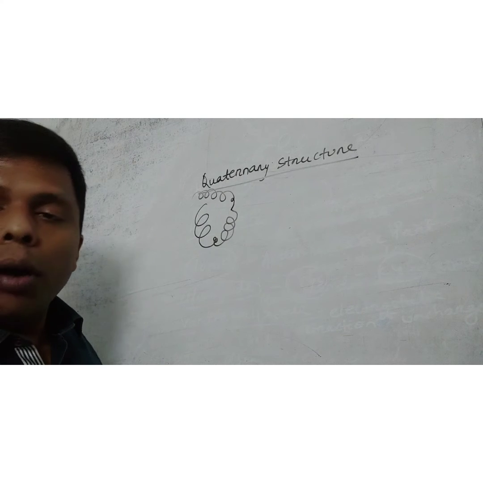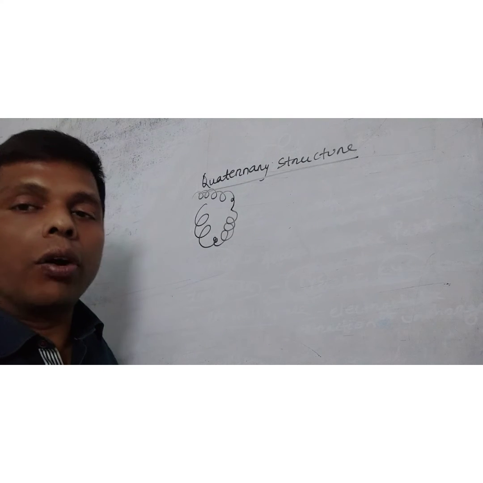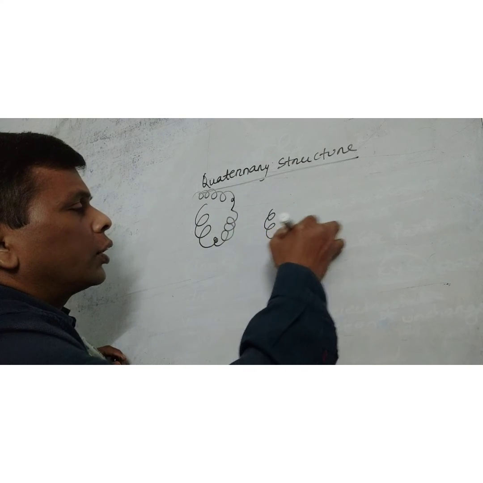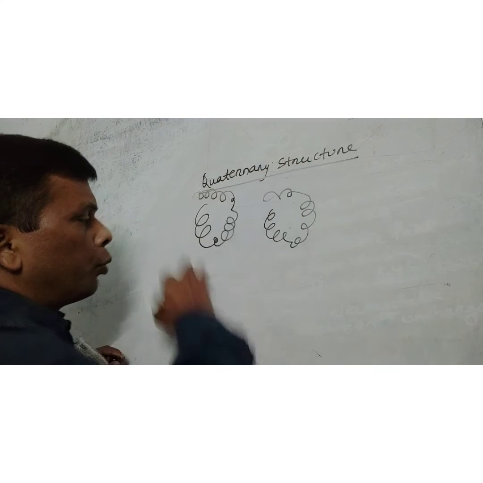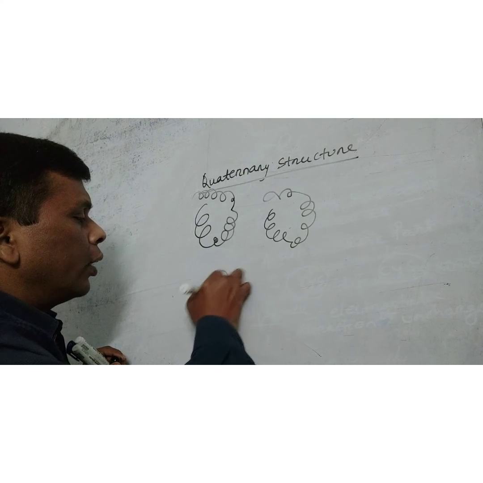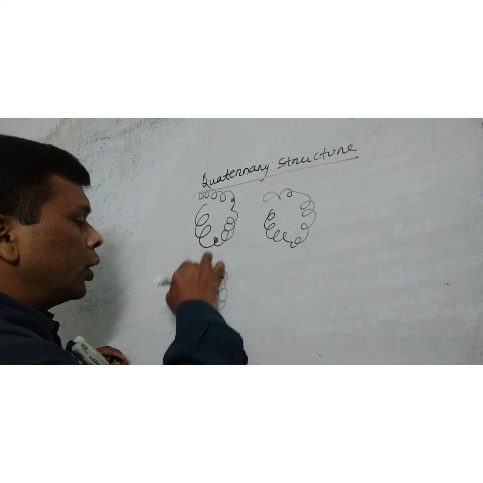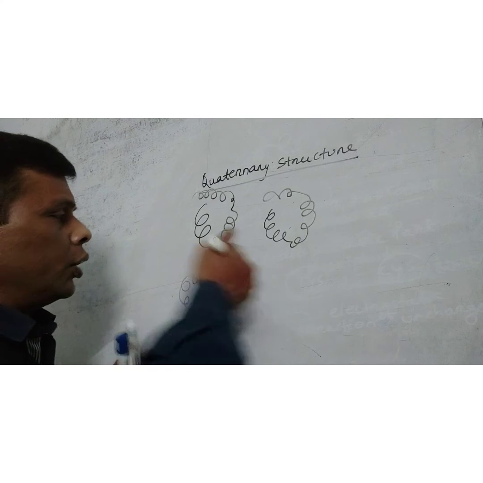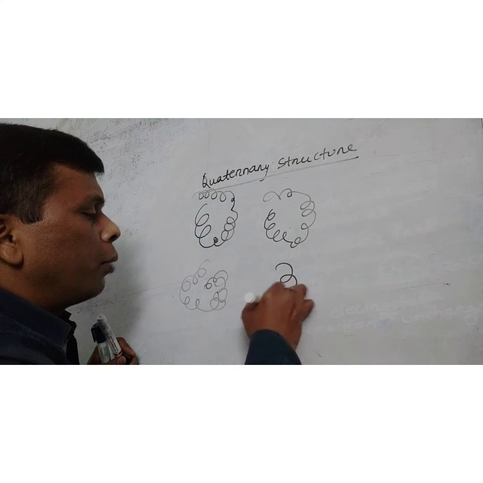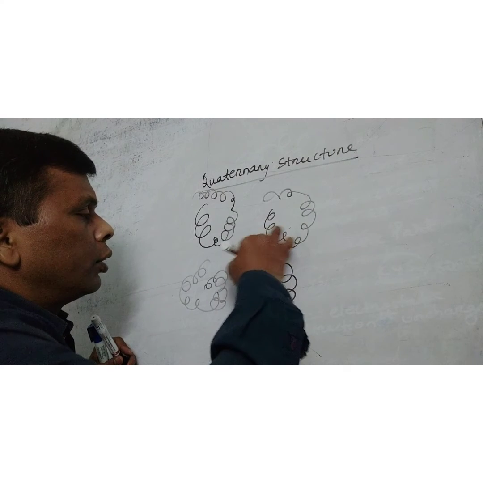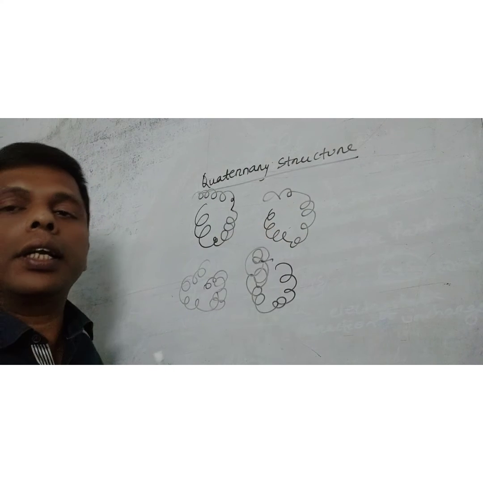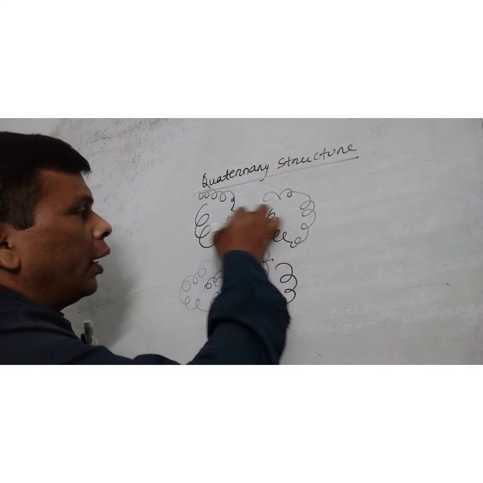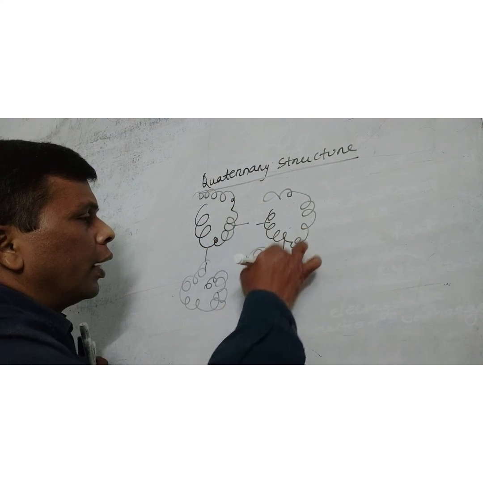When two or more tertiary structures are coiled again, suppose this is one tertiary structure, another tertiary here, and another tertiary here. I am taking the example of hemoglobin: four tertiary structures are again linked.